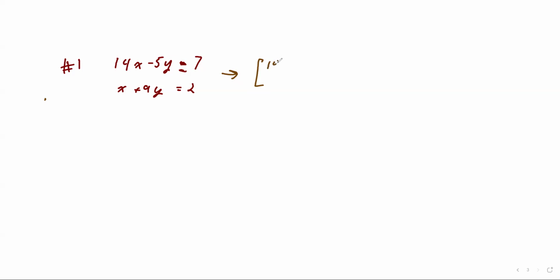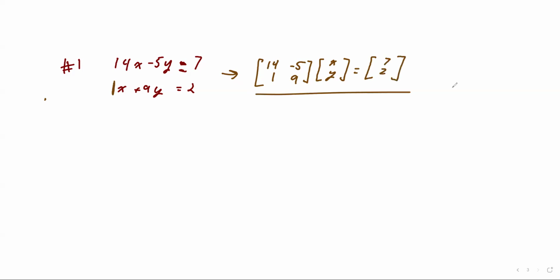So this would be 14, negative 5, 1, because there's an imaginary 1 here, 9, and then I would write x and y equals what it's equal to. So in this case, 7 and 2. And that's all you have to do to begin with, turning equations into a matrix system.